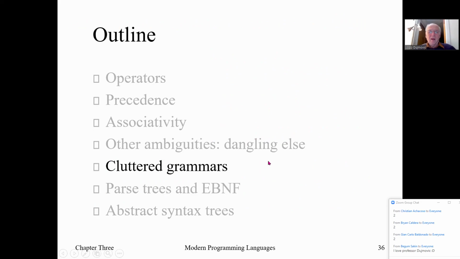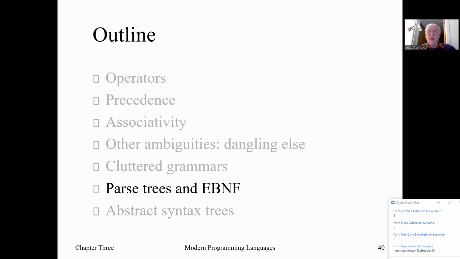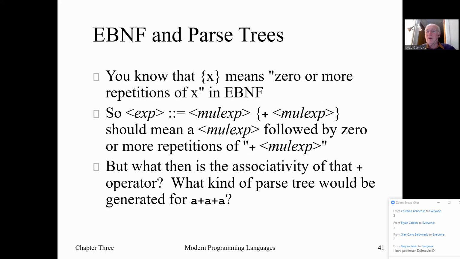Now, Weber is speaking also about cluttered grammars. We are going to skip that. And about EBNF. He said, okay, in EBNF, you eliminate recursion by having X inside a pair of braces, which means 0 or more repetitions of X. And then you write that in this way.